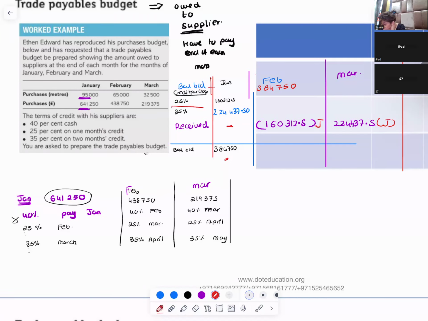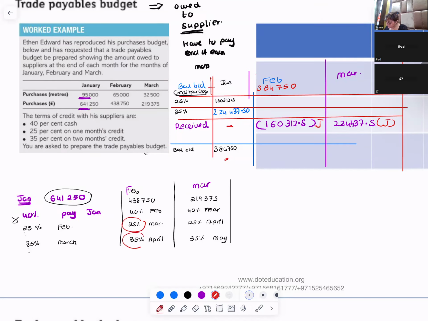Now talk about February. What are the credit purchases of February? The total credit purchases for February, 25% and 35%. Give me a separate calculation. 25% of 438,750 is 109,687.5.